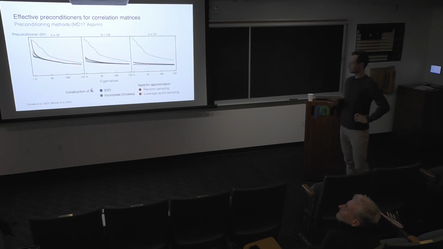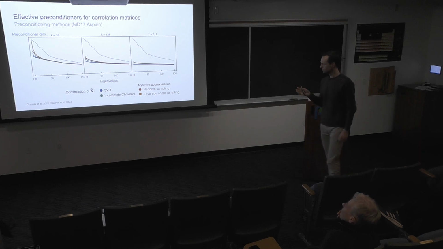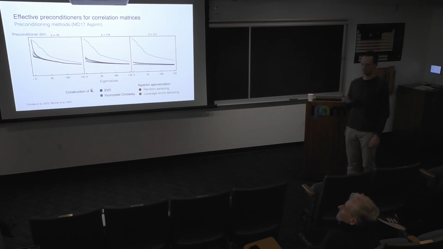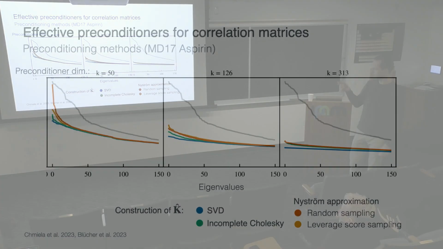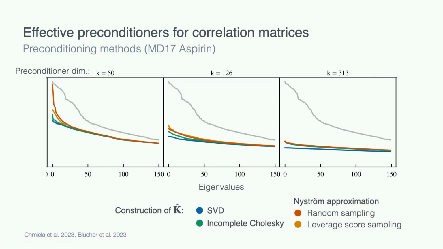Now, one interesting observation is that we don't have to get too fancy with choosing the construction method for the preconditioner, because even for this spectrum of a kernel matrix for the aspirin molecule, even for fairly small preconditioning sizes, simple methods like Nystrom quickly perform the same way as the more expensive methods, namely the incomplete Cholesky decomposition here.